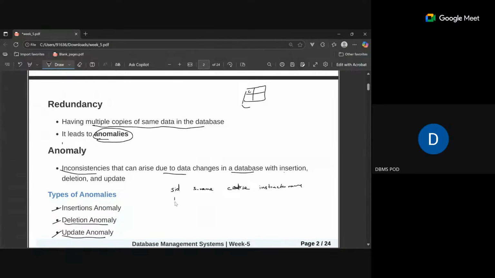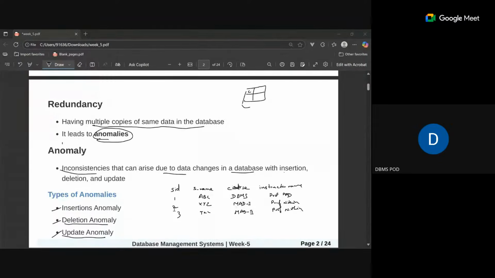Let's have student IDs 1 and 2, with random names like ABC and XYZ, and courses, let's say DBMS or MAD, or whatever subjects, with Professor as the instructor. Then one more row: this is MAD 1, and this is another student, JKL, with MAD 2, and this is also Professor Nathan.